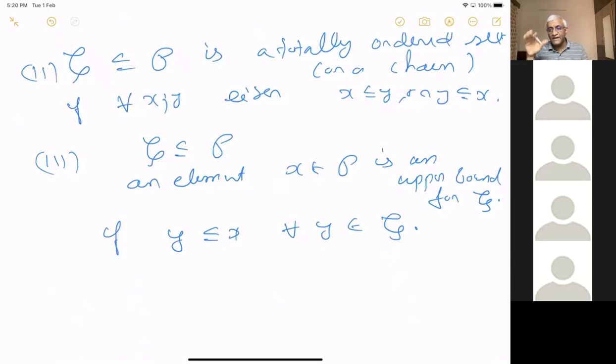This x dominates all elements in C. That is an upper bound. So if you have an open interval, then you know what the upper bound of that is.